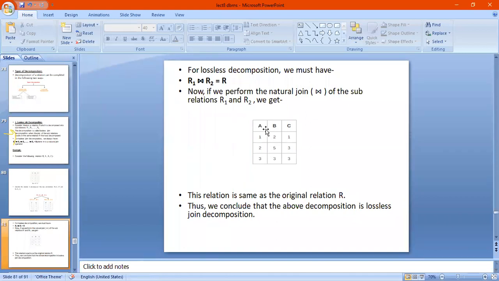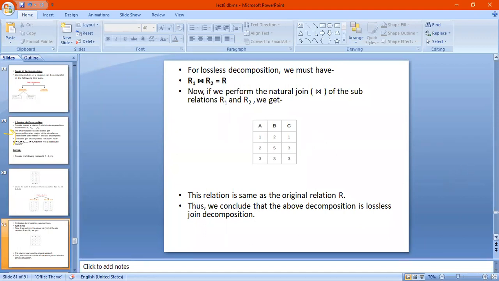We get A, B, C as attributes, as we have discussed earlier, that is 1, 2, 1; 2, 5, 3; and 3, 3, 3. This relation is the same as the original relation R.